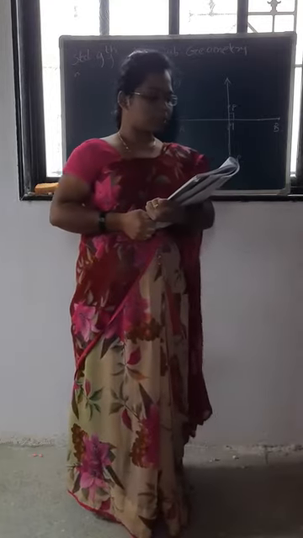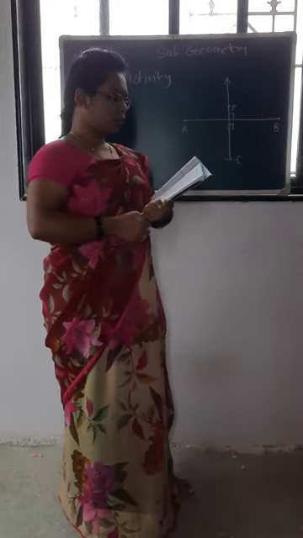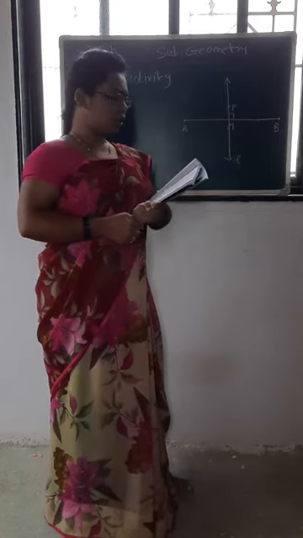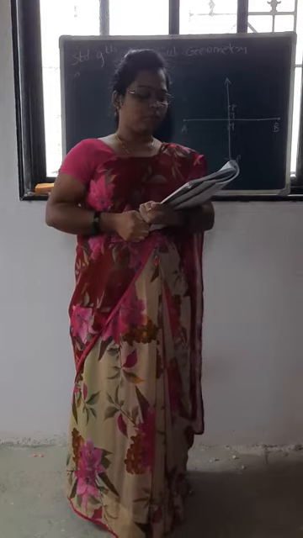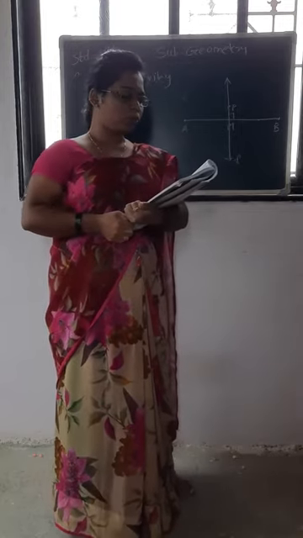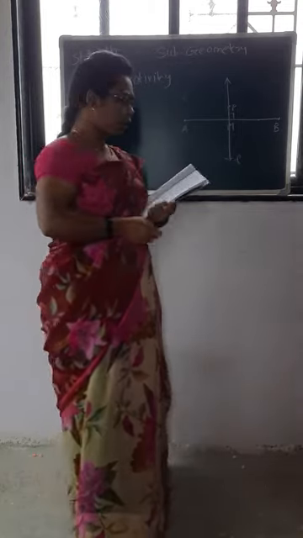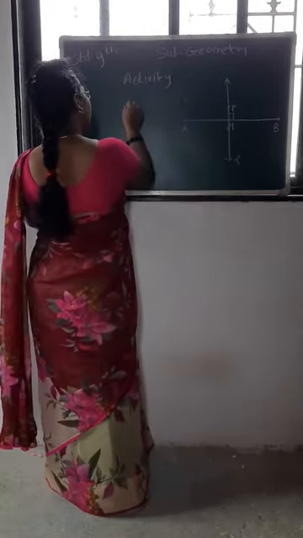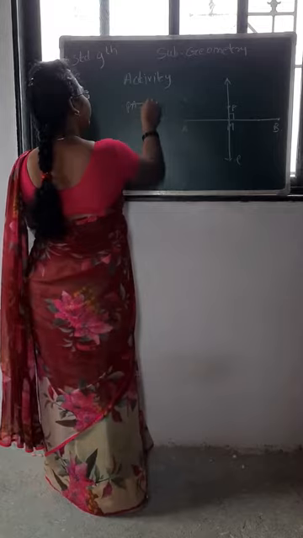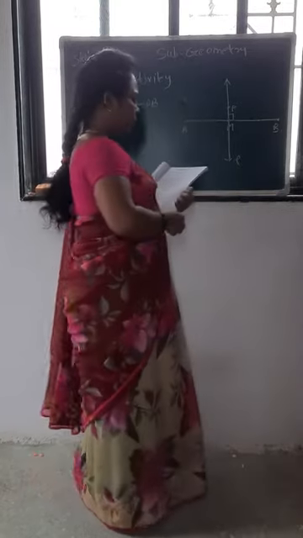Compare the distances PA and PB with the divider. What did you find? You should have noticed that PA is equal to PB.